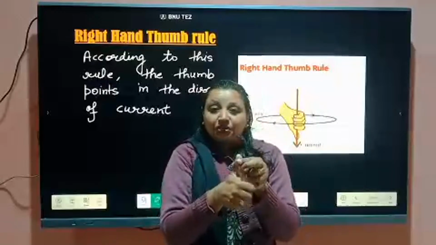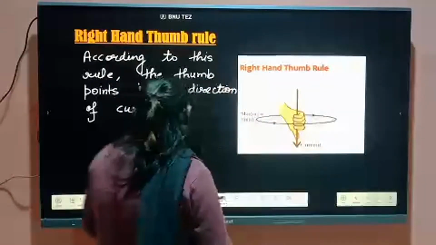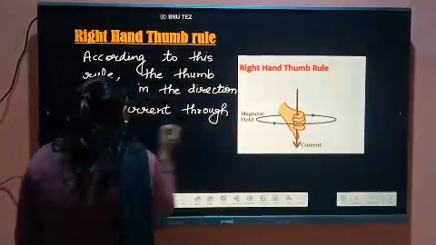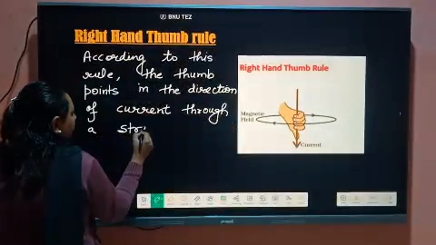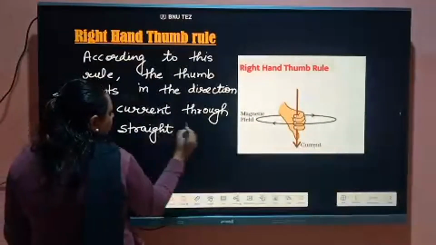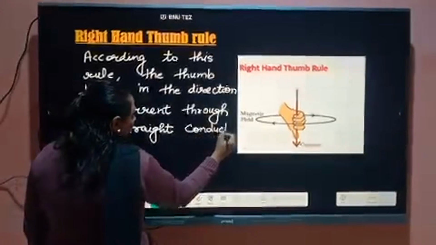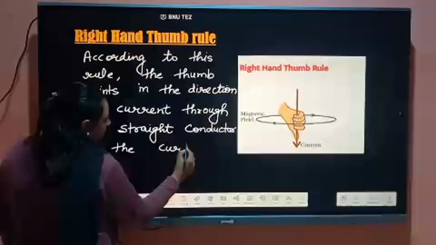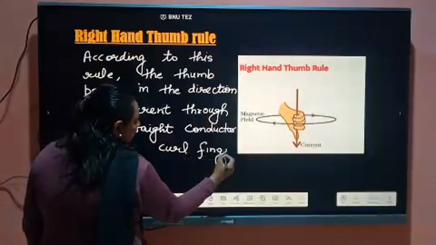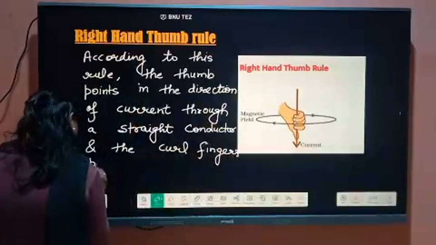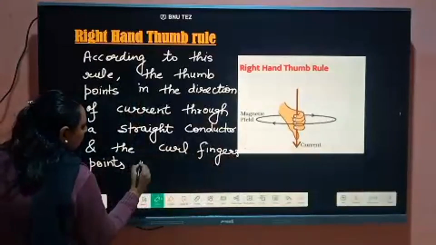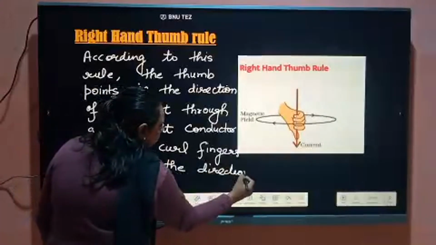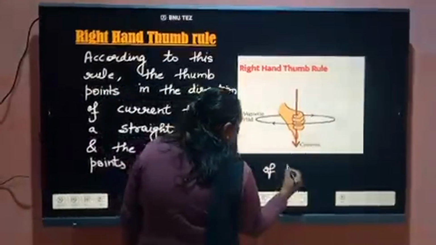So the thumb points in the direction of current through a straight conductor, and the curled fingers point in the direction of the magnetic field.